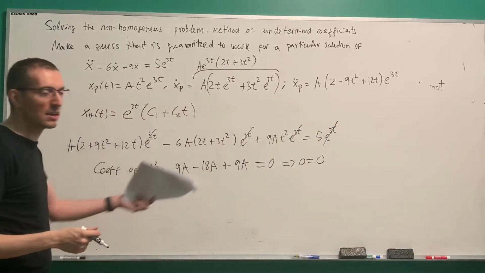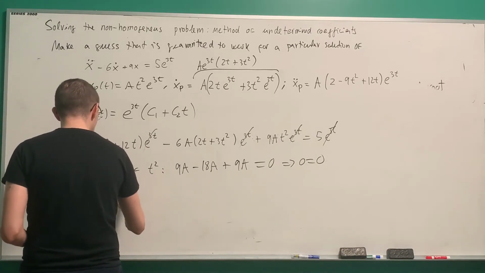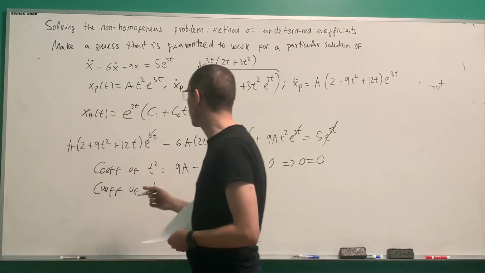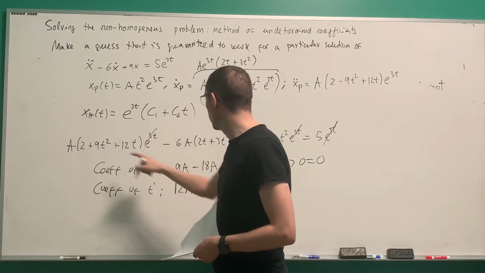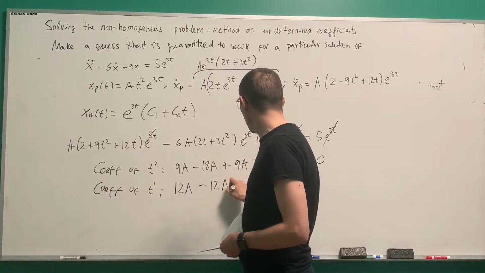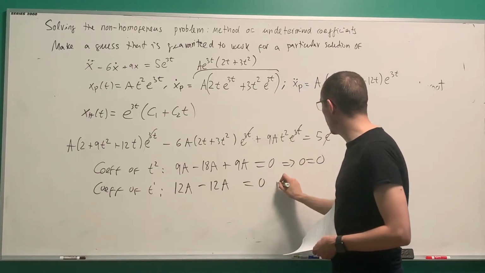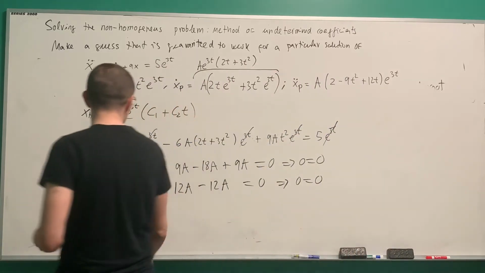This equation tells you nothing, but at least no contradiction. Let's do the coefficients of t to the 1. Again, another one that will give me nothing, but let's do it anyway. This is 12a from this one minus 12a from that one, and nothing on the right, so you get 0 equals 0. All right, again, a non-equation, but also no contradiction.